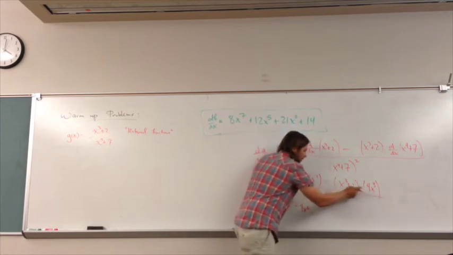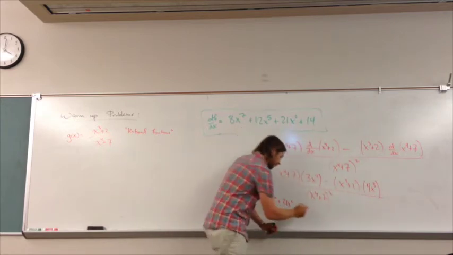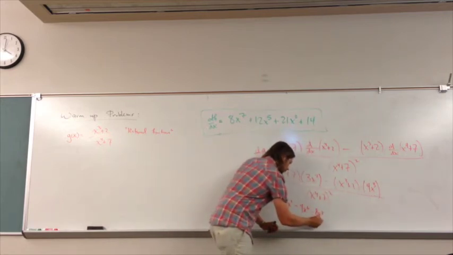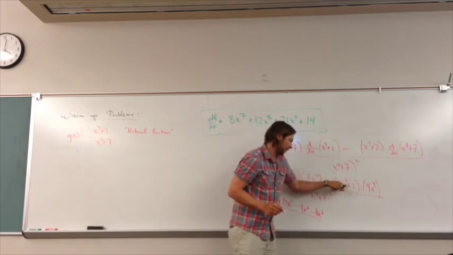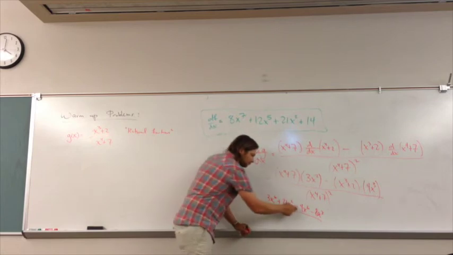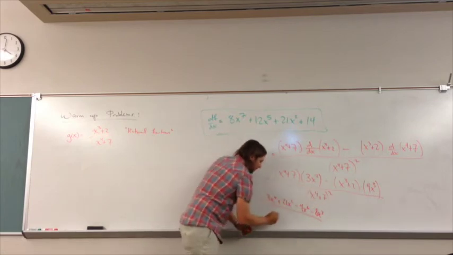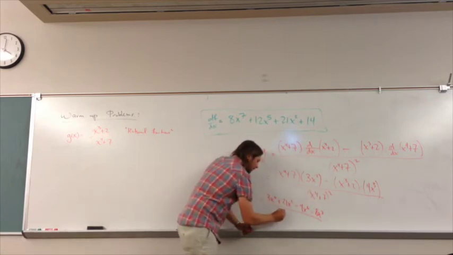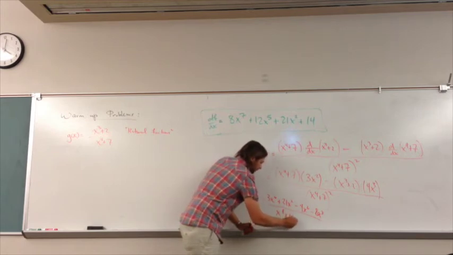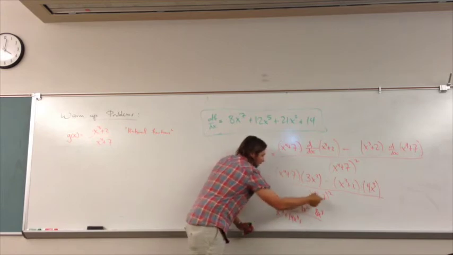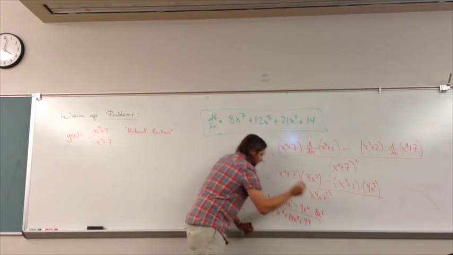And then 4x cubed times 2 is 8x cubed. And notice that I distributed this negative sign, so I have a negative there and a negative there. And then when I FOIL the bottom, I get x to the 8th plus 7x to the 4th plus 7x to the 4th, which gives me 14x to the 4th. And then 7 squared is 49.